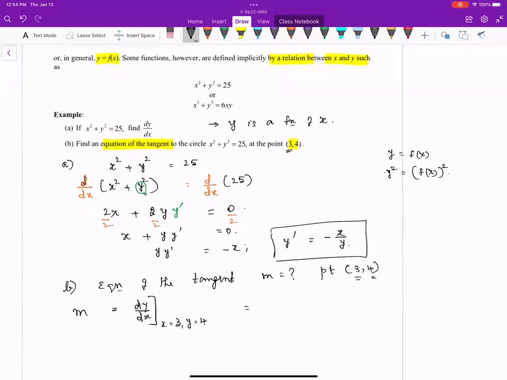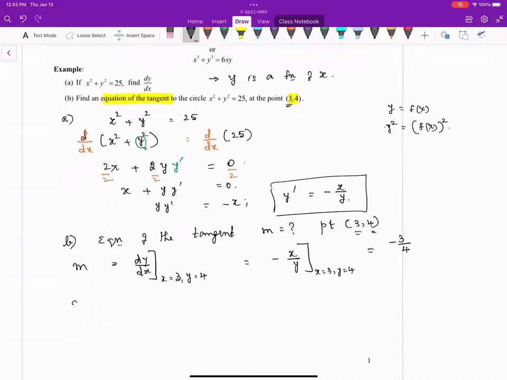So that will be negative x over y evaluated at x equal to 3 and y equal to 4. If you plug in these values, it is negative 3 over 4, which is the slope of the tangent line. So now the equation of the tangent is y minus y1 equal to m times x minus x1.